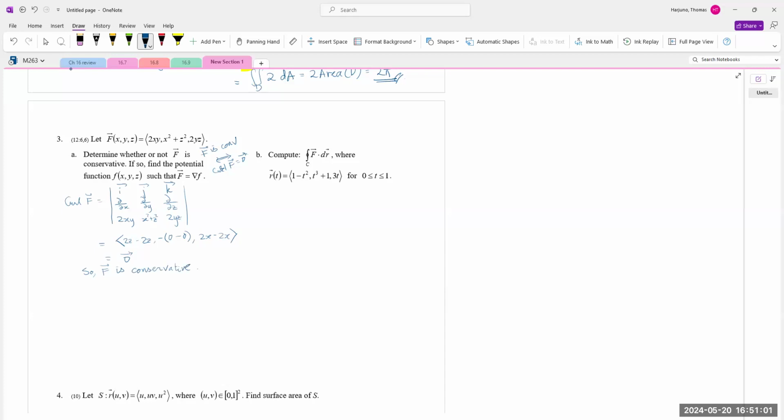Now, once the vector field is conservative, then we can find the potential function, right? Let f(x, y, z) be its potential function.